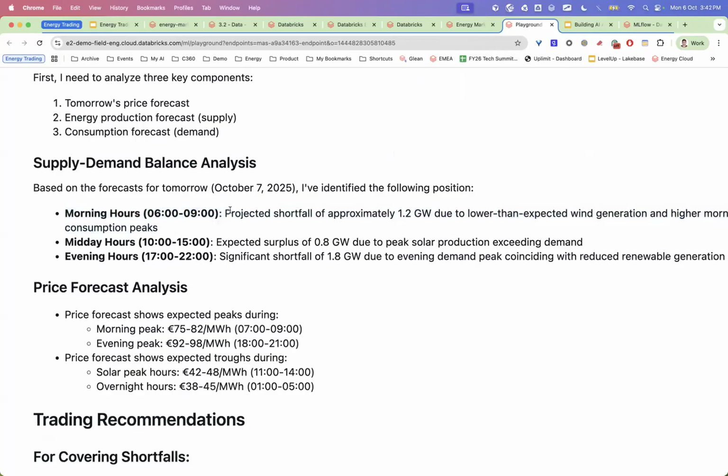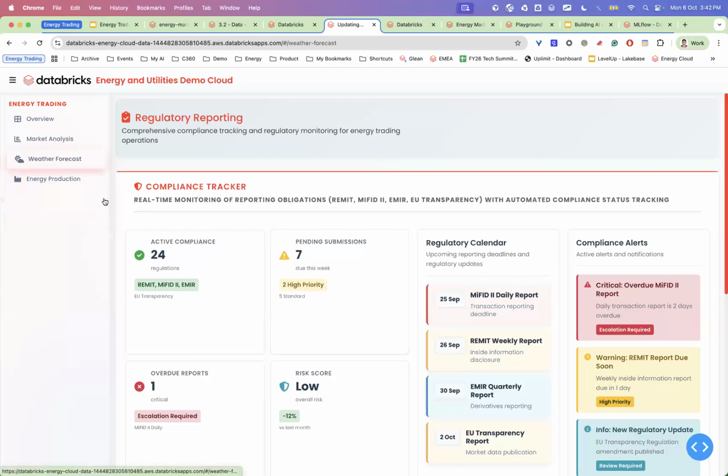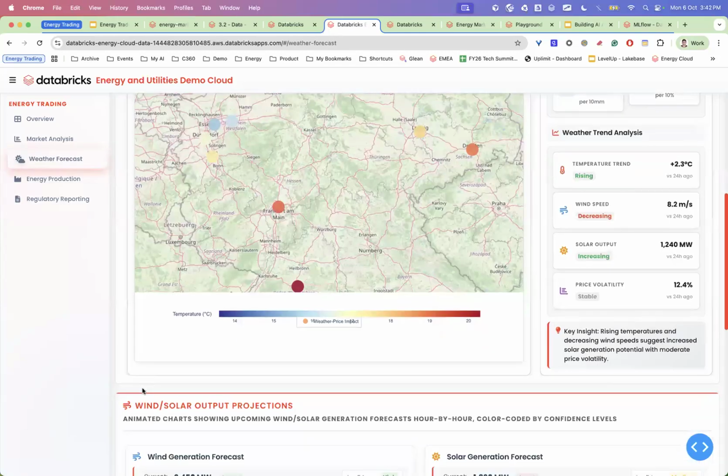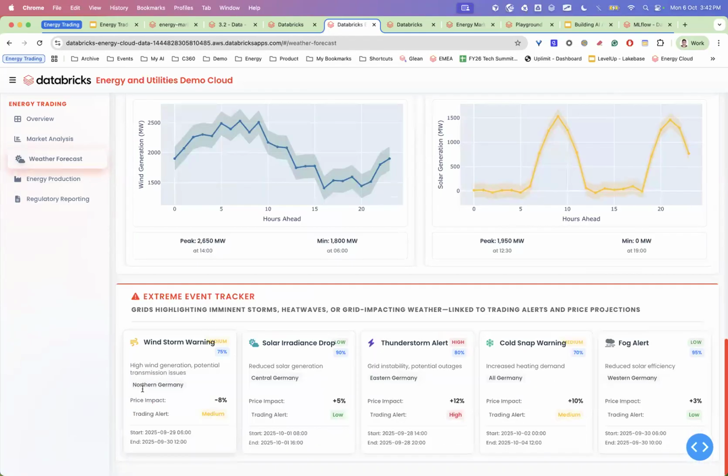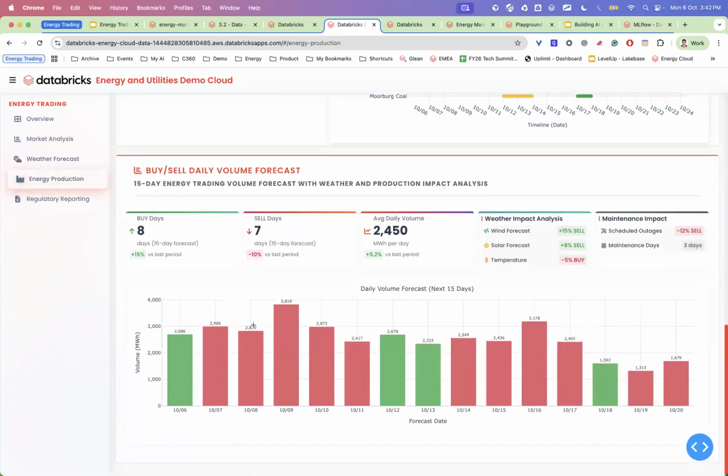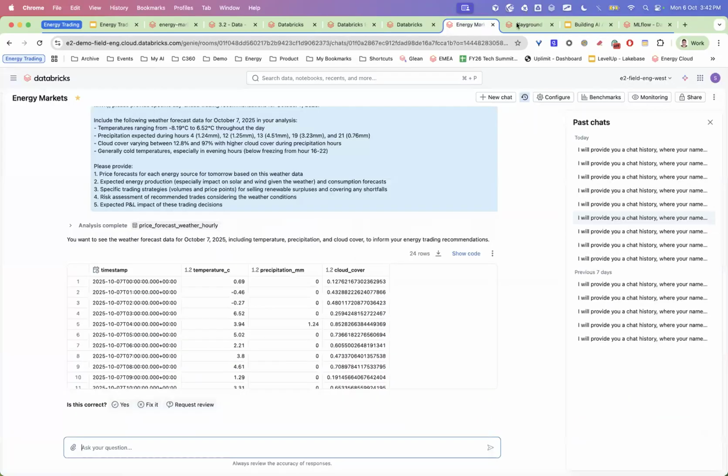These are the insights. From 6 to 9 it expects a shortfall of 1.2 gigawatts, and then midday and evening. So it gives you the actual insights from the analysis, and this is all the information coming from the insights we have on the app, around weather insights, market data, or energy production, influencing the shortfall or surplus of energy.